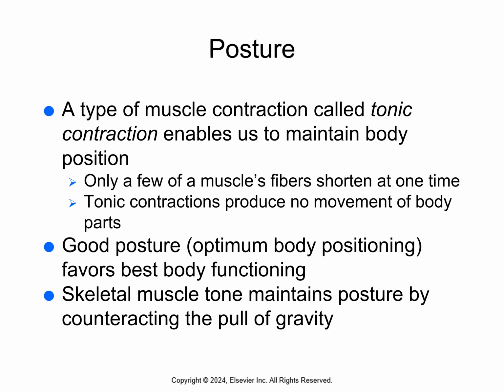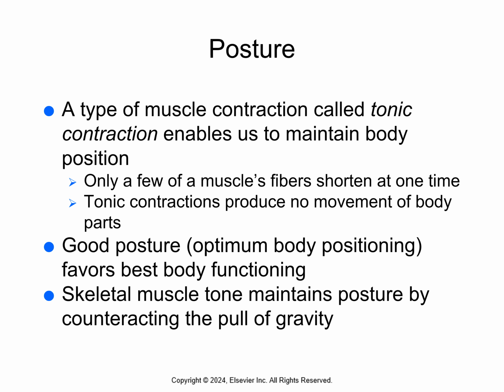So our posture is going to take a muscle contraction. So if you have good posture, muscles are contracted. One of them we're going to talk about is a tonic contraction, and tonic means tone, right? It enables us to maintain body position. These kinds of contractions don't produce body movements, but they help you sit upright and maintain a position.